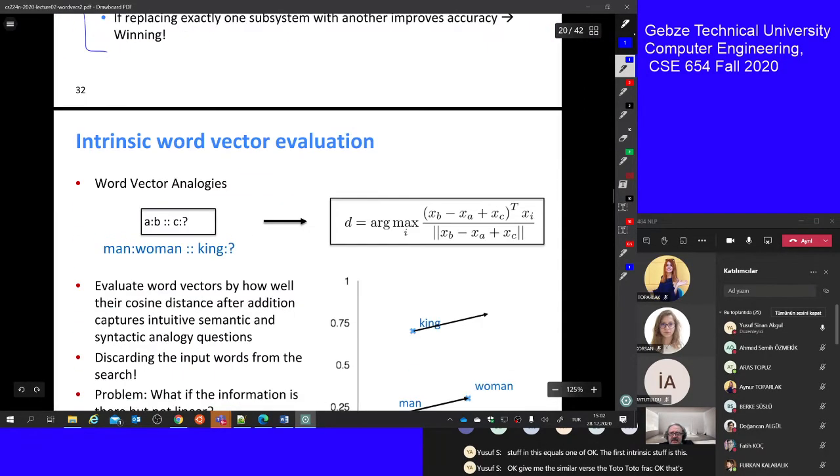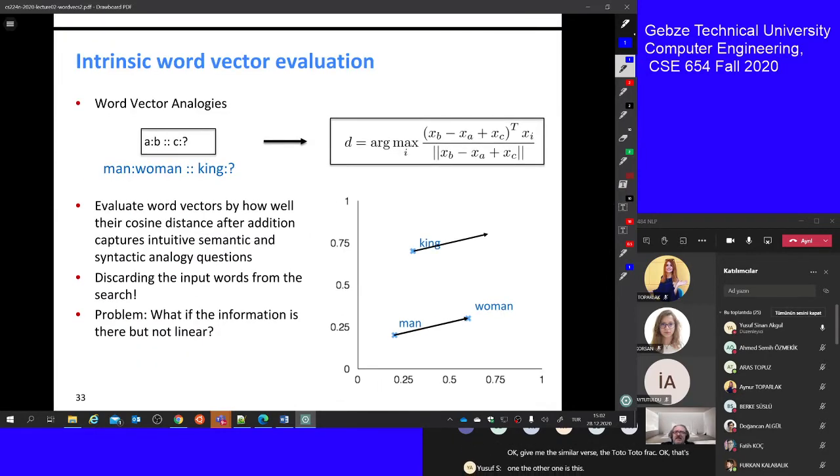The other one is this. Calculate this value. We call this analogy. Given man and woman, what is the corresponding word for king? Take the relationship between man and woman, apply the same relationship to this king.